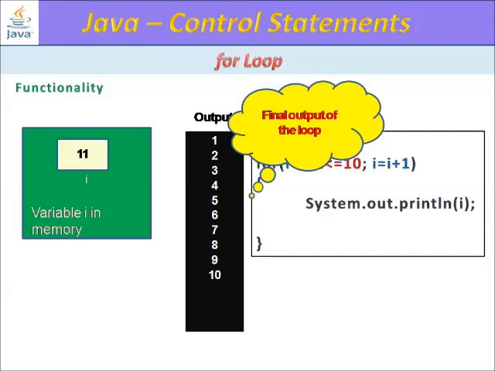Okay, so don't forget to experiment on this. That is, you just try to execute the for loop without any condition, initialization, and increment or decrement, and see the output you are getting.